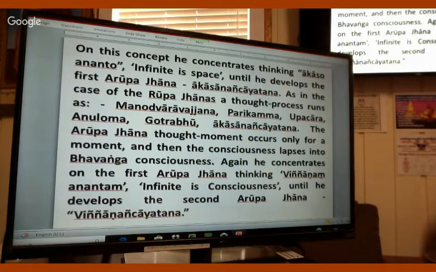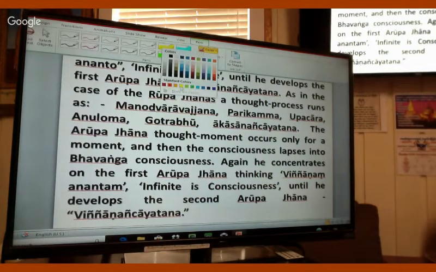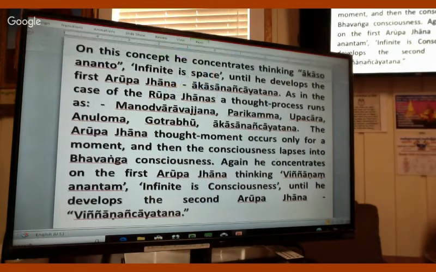Akasanancayatana citta. Here Vinnana. Yeah. Akasanancayatana citta. So the second Arupa jhana object is citta, the first Arupa citta.